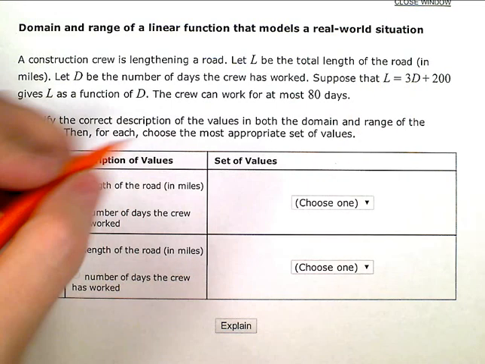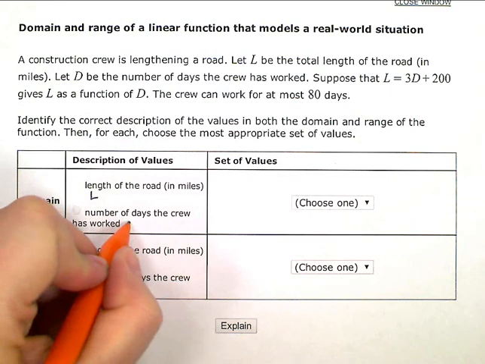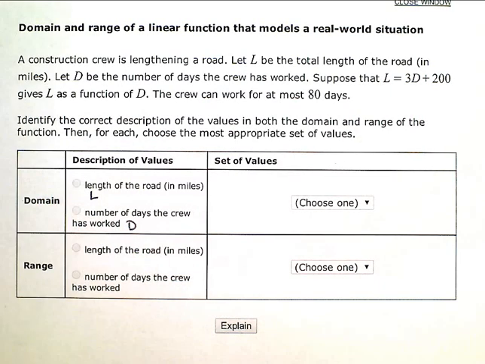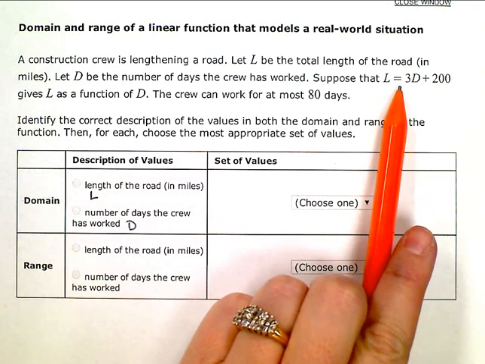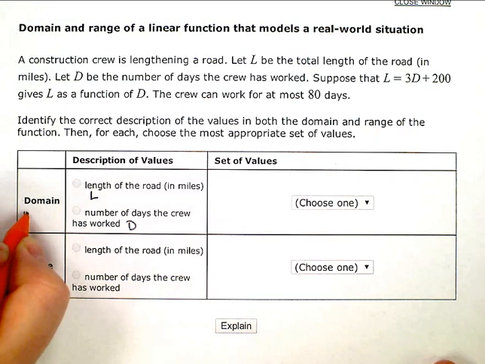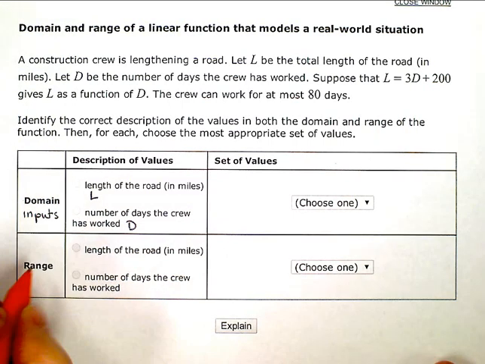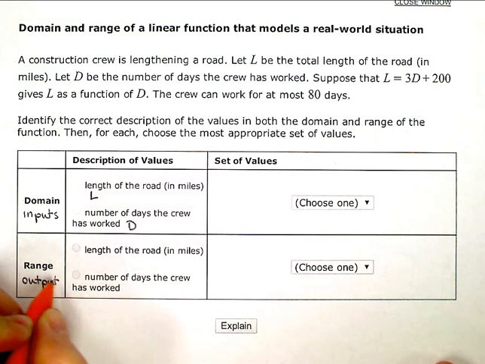This is the L, length of the road, and this is the D, the number of days the crew has worked. So if we look at the equation here, we need to think in terms of inputs and outputs. Domain are my inputs, and the range are my outputs, or Y values.